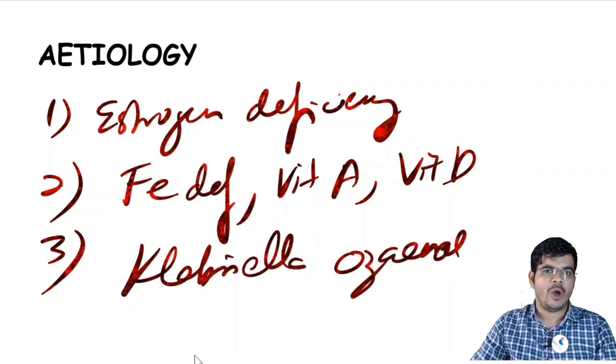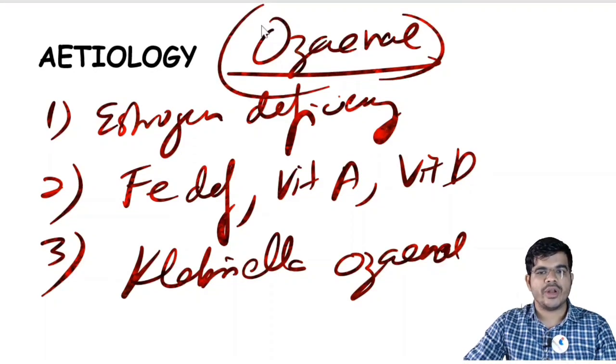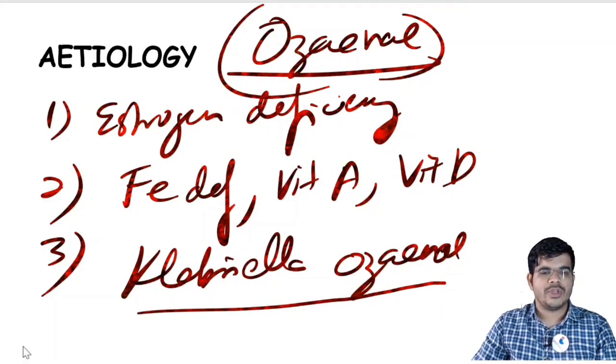Okay, Klebsiella ozaenae is one bacillus that you have to remember, and so this condition is also known as ozaena. Okay, atrophic rhinitis is also known as ozaena. So that is the infective cause behind atrophic rhinitis, and also you can have the autoimmune cause as well.